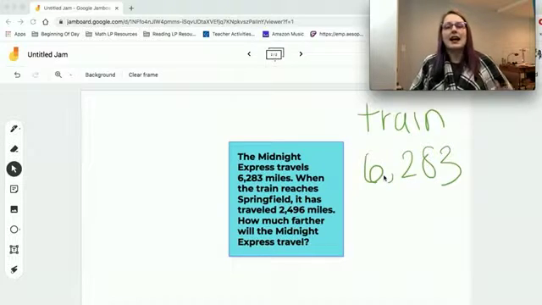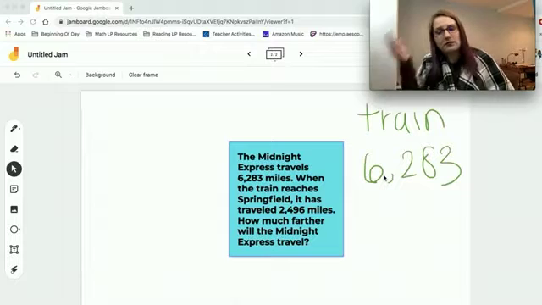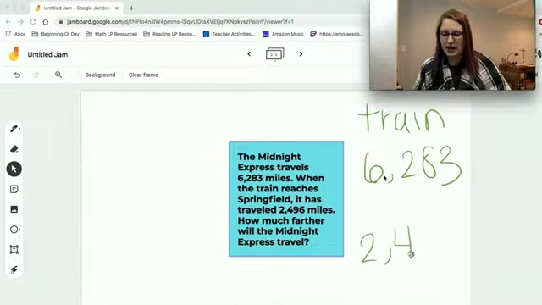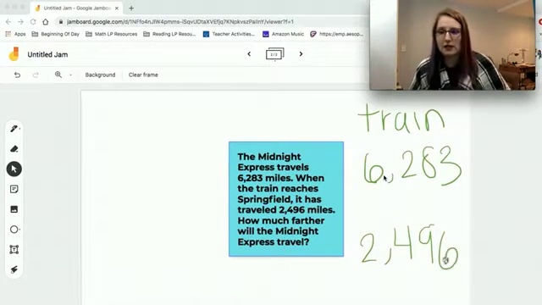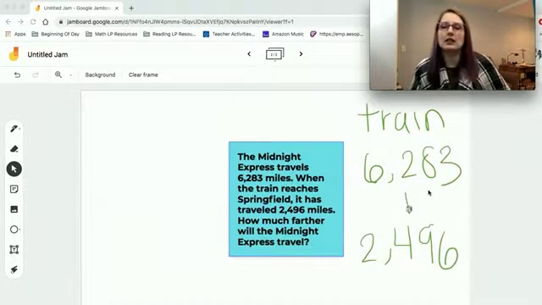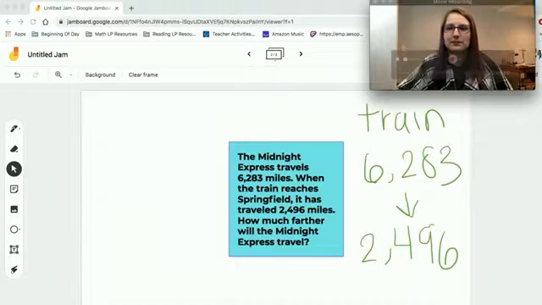And I also know that this train makes a stop in Springfield. When it makes a stop in Springfield, it has already traveled 2,496 miles. Again, that's a lot of miles for one train. Our job is to figure out how much more it needs to travel. So we are going to be using different strategies to solve this problem.